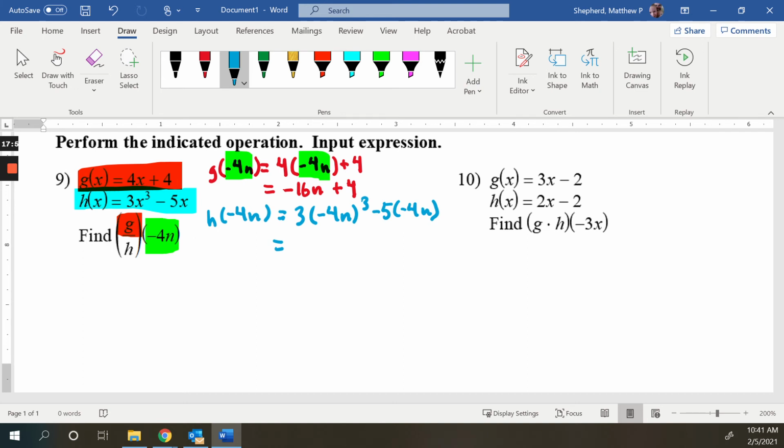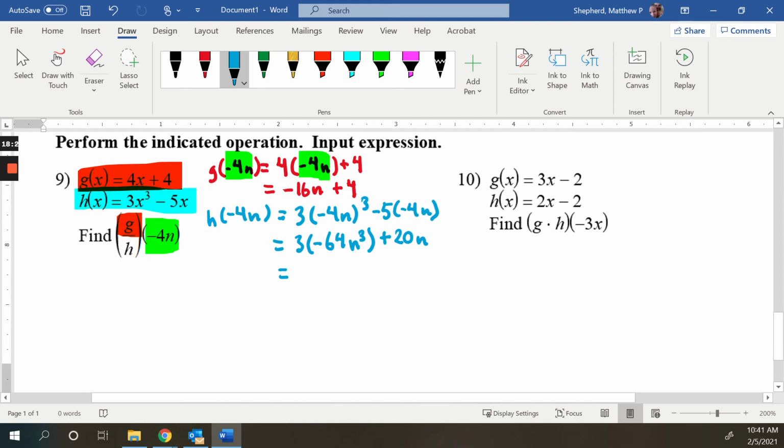So negative 4 cubed is going to be negative 4 times negative 4 times negative 4, which equals negative 64. N cubed is n times n times n, which simplifies into n cubed. Negative 5 times negative 4 will give us positive 20n.